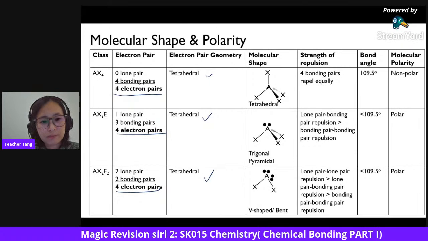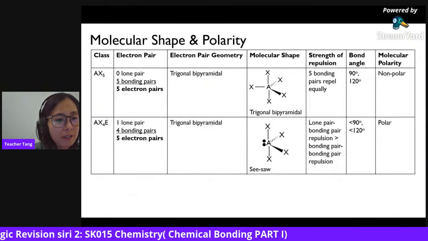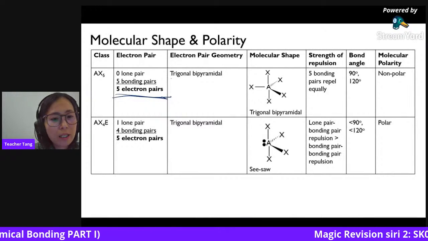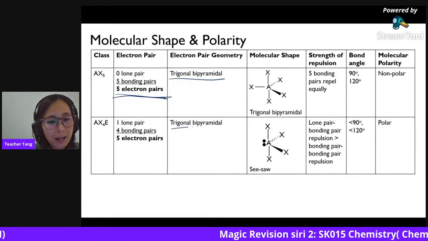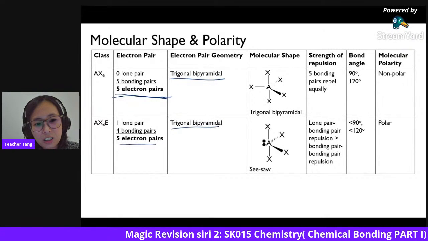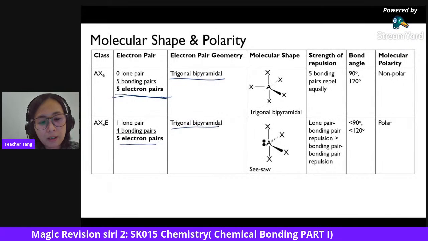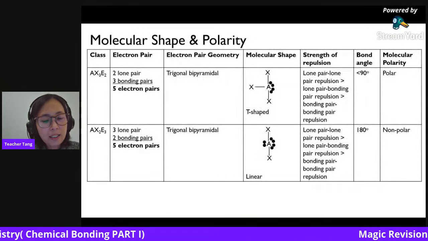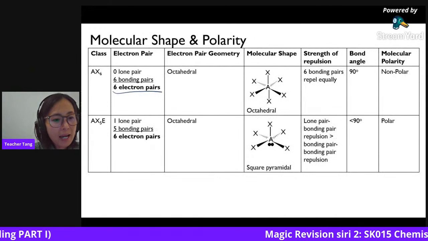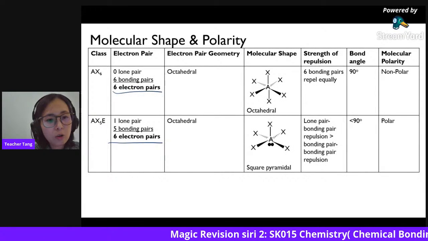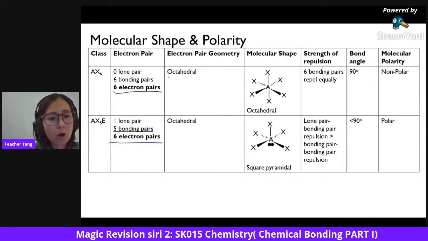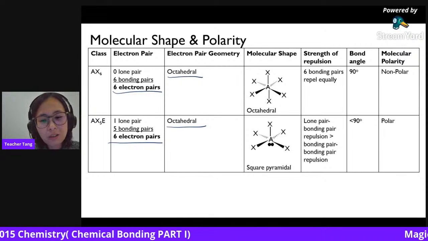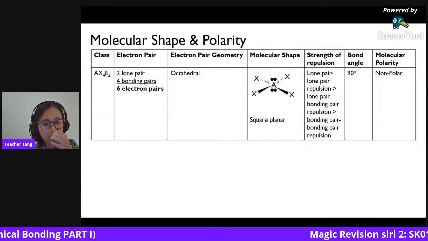And if you get 5 electron pairs around the central atom, the electron pair geometry is trigonal bipyramidal. So you draw the molecular shape based on the trigonal bipyramidal electron pair geometry. If you get 6 electron pairs total around the central atom, the electron pair geometry is octahedral, and you draw the molecular shape based on the octahedral.